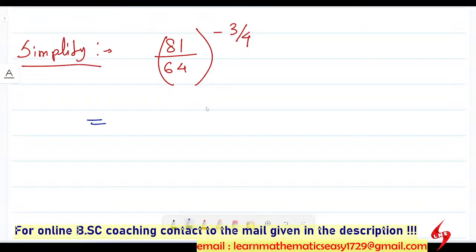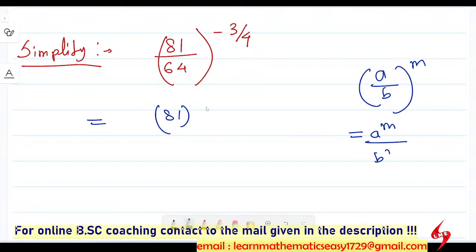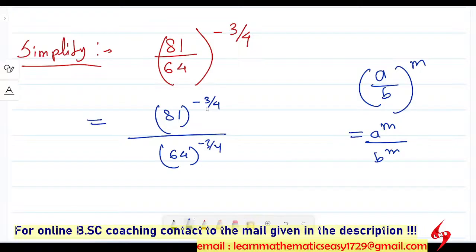Okay, here I am writing it like this. If I have (a/b) to the power m, that will be a to the power m by b to the power m. So the number will be 81 to the power 3/4 minus 3/4, and 64 to the power minus 3/4.